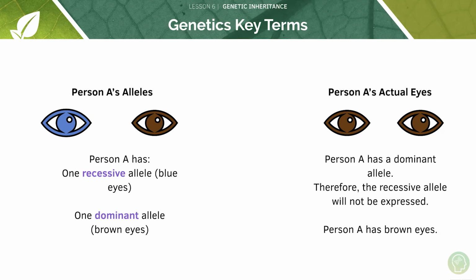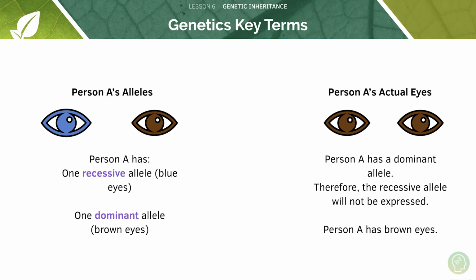So for example, we can say brown eyes are a dominant allele and blue eyes are a recessive allele, okay? So we're saying our brown eyes are our dominant allele. So person A has 1 brown eye allele, and person A also has a recessive allele that codes for blue eyes.